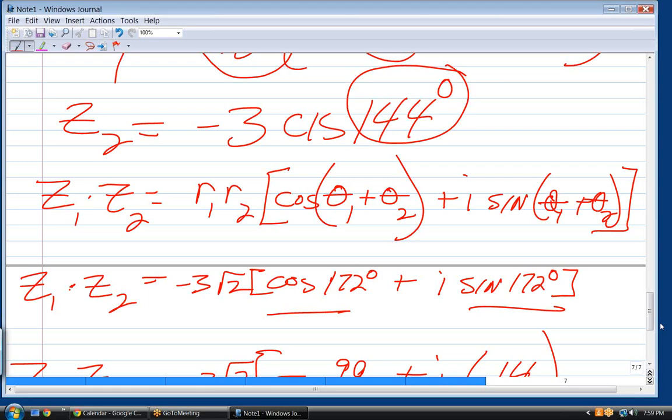And Z1 divided by Z2 is the same thing, only it's R1 divided by R2, and it's cosine of theta minus instead of plus. Actually those hints are pretty helpful for memorizing this. But I will be honest with you, I have so few students who need tutoring on De Moivre's Theorem that I don't have it memorized. I have my book open and I'm looking at it. So I would be kind of surprised if they really expect you to memorize those, but if they do, they do.